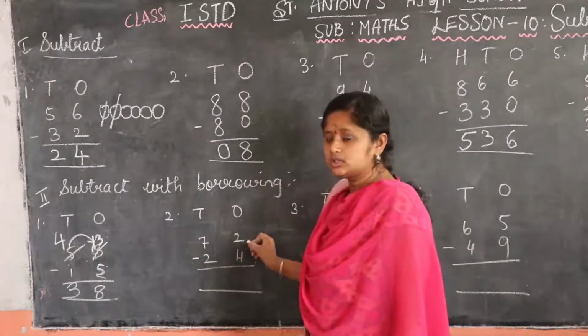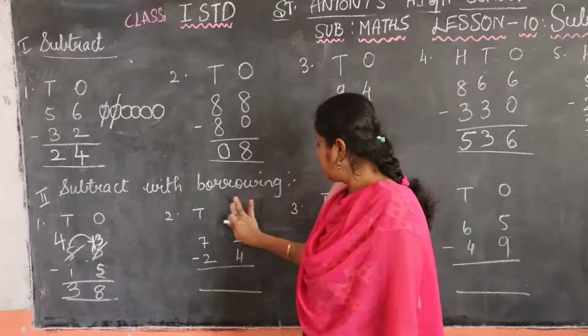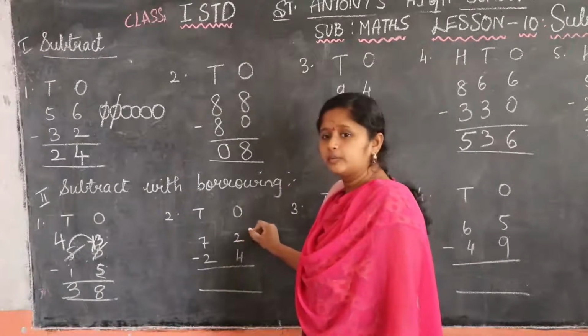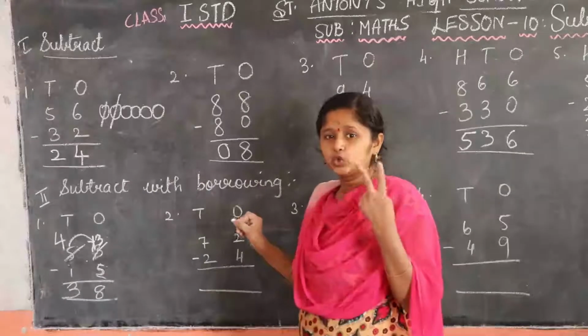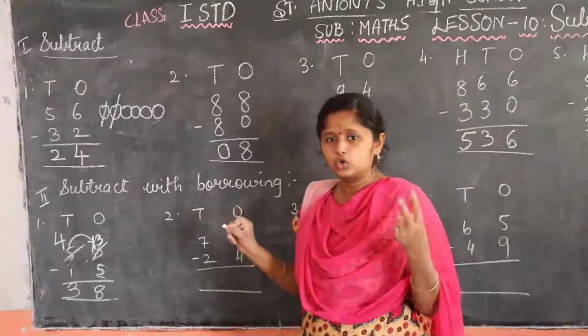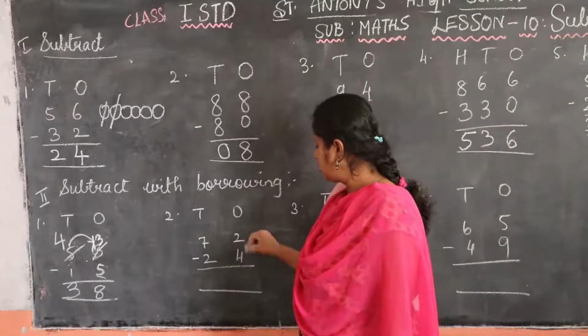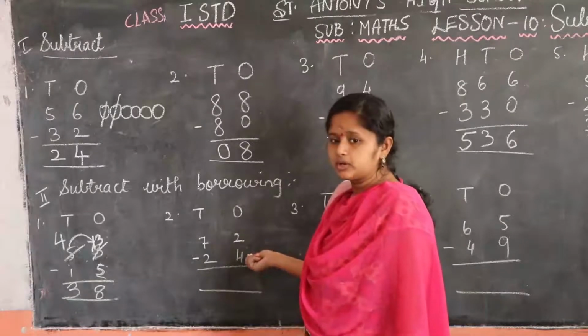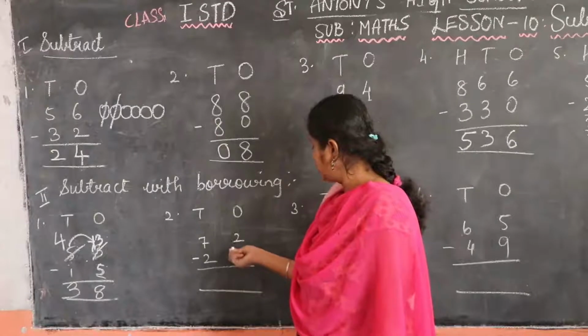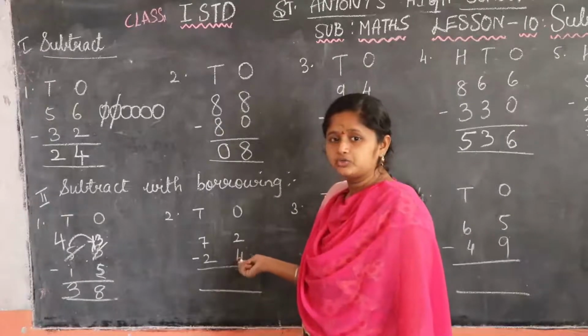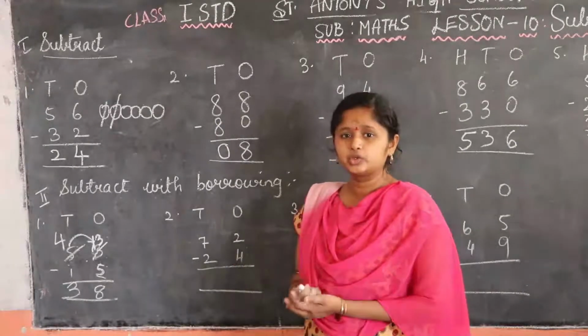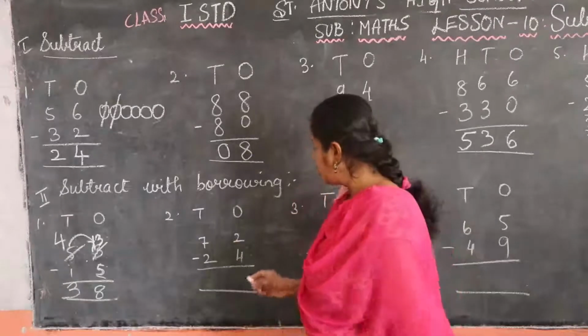Next, which number is this? 2. In the ones place, how many ones are there? 2 ones are there, children. 2 minus 4. By which number do we have to subtract? 4. Can we subtract 2 minus 4? No. So what do we have to do? Again we have to borrow.